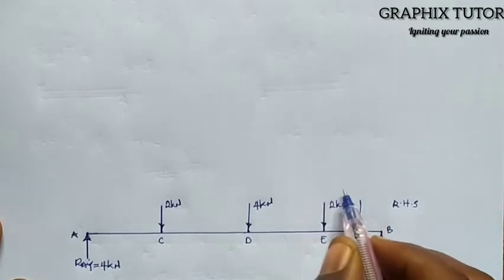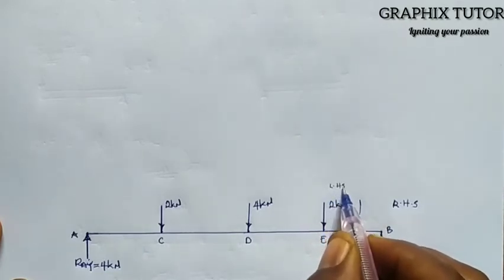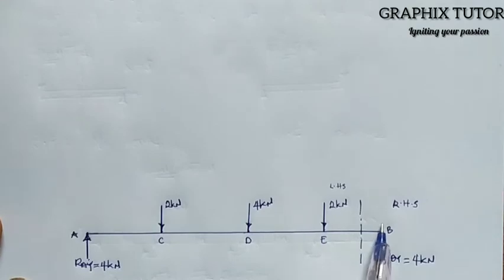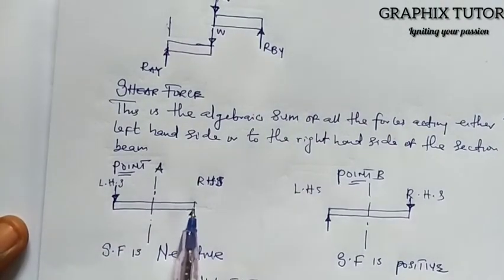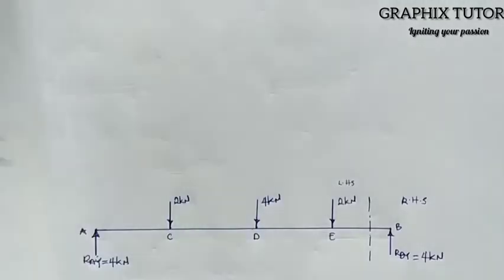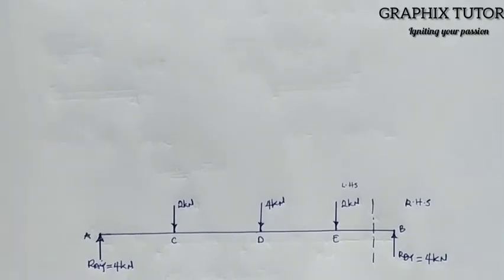Our left hand side. Are we good? So when the force is facing up at the right hand side, it is what? Negative. So since this is facing up at the right hand side, our shear force at B is what? -4.